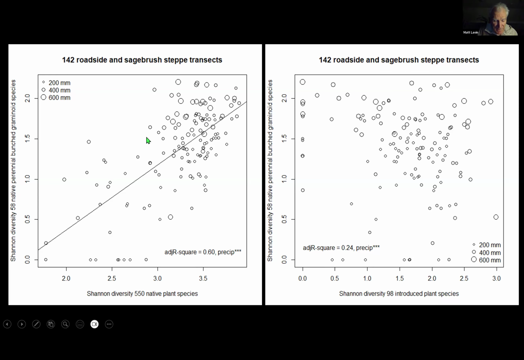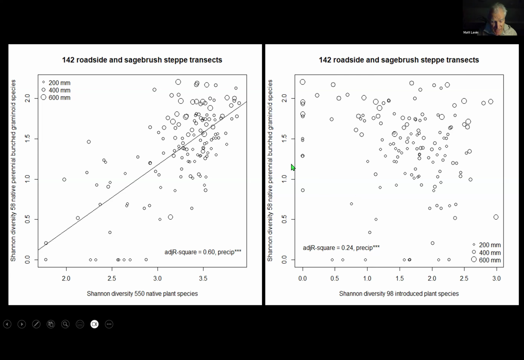This left-hand graph suggests that native bunch grass diversity can serve as a proxy for all native plant diversity in sagebrush steppe, and perhaps native perennial bunch grasses can be used in remotely sensed data to identify core sagebrush areas. The right-hand graph suggests that native bunch grass diversity is ecologically resistant to introduced plant diversity.